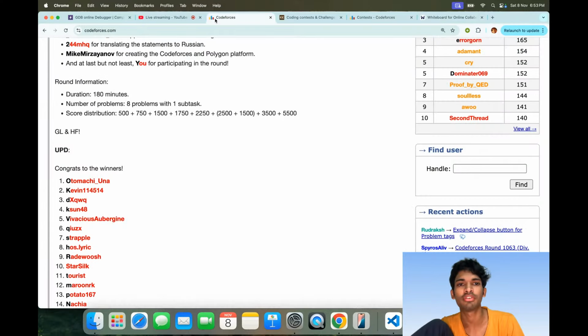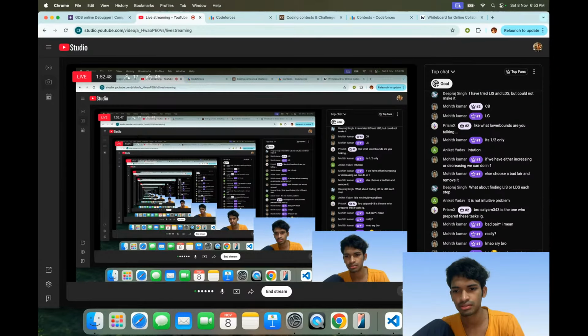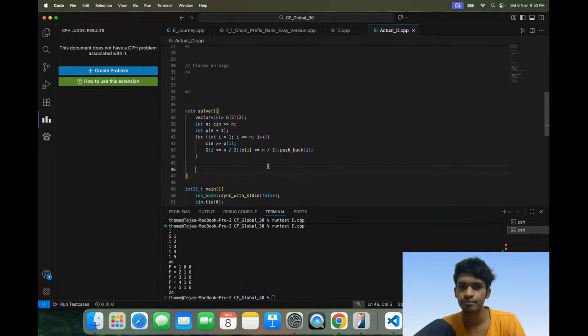Should we output indices or the values? I think it's the values, right? What happened? Okay, what happened? So now what should we output?